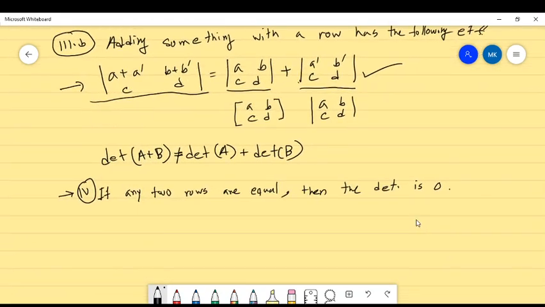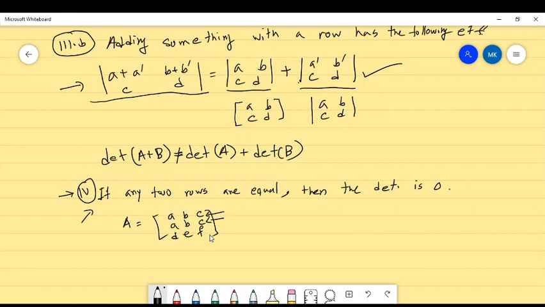Now think about this one. The sign did change, right? So if you exchange two rows, let's say you have a matrix A, which is in fact A, B, C, A, B, C, D, E, F. The two rows of this particular matrix are equal.